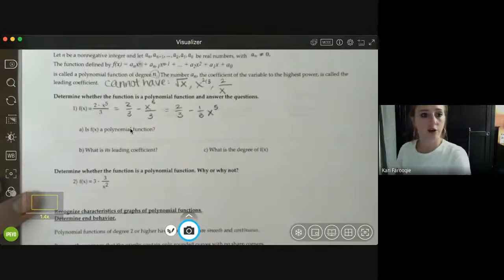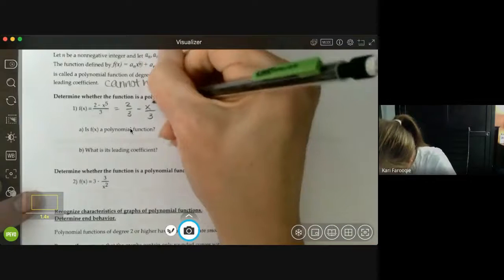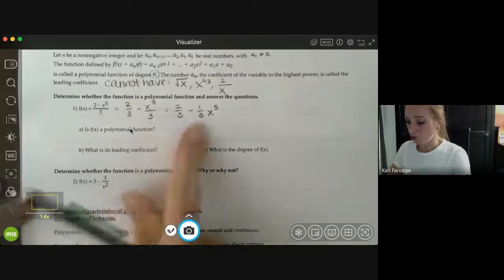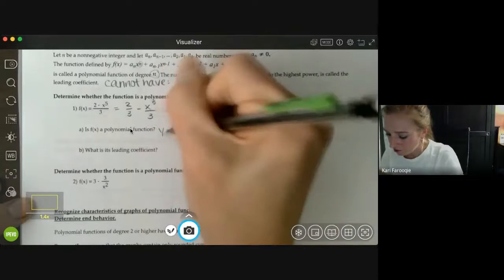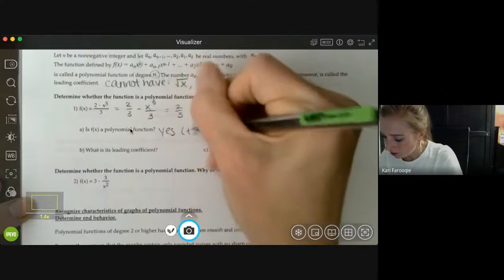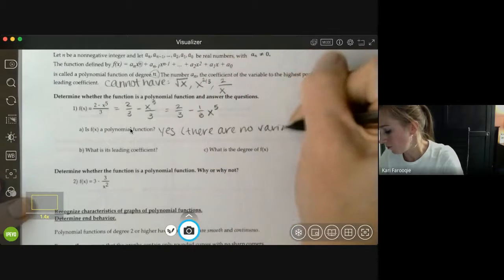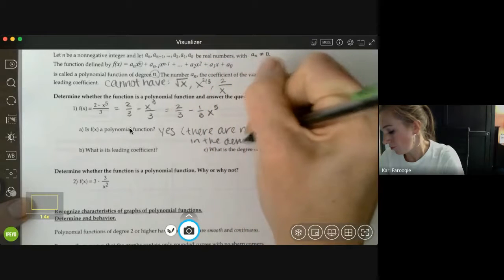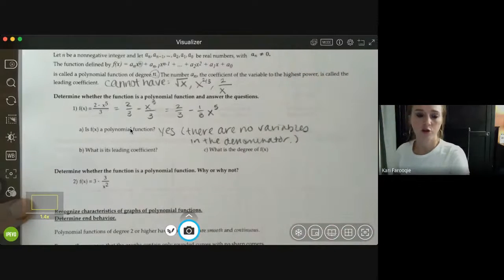Now it looks a little bit more polynomial-ish. Sorry, this looks like a 6 and I don't know why. You can write that in multiple ways and it looks more polynomial-ish now. So yes. And then I'll even write a note here. There are no variables in the denominator. That would make it a rational function, which we will talk about in like 2 weeks.